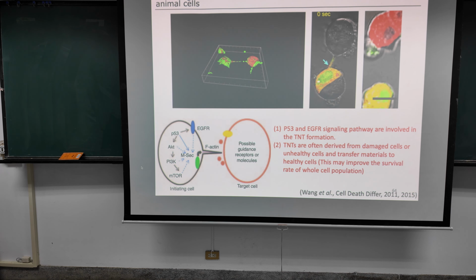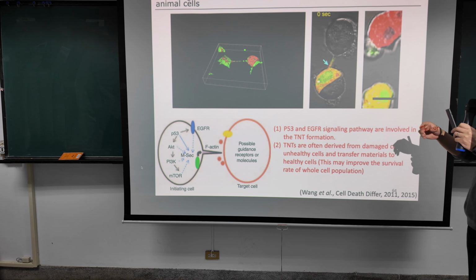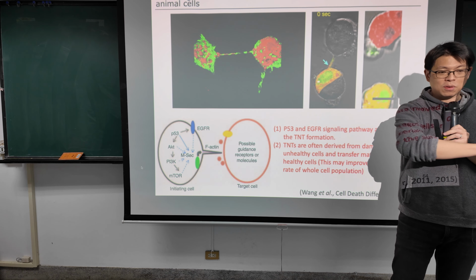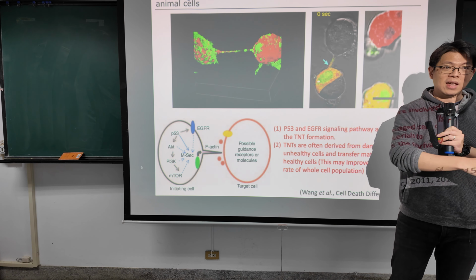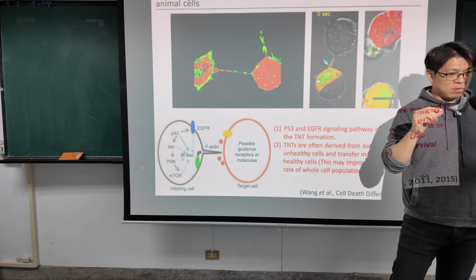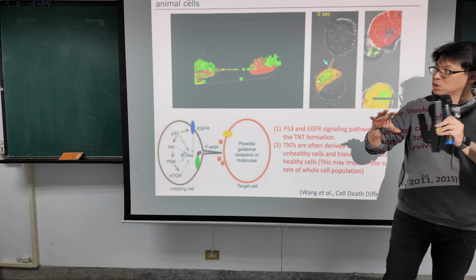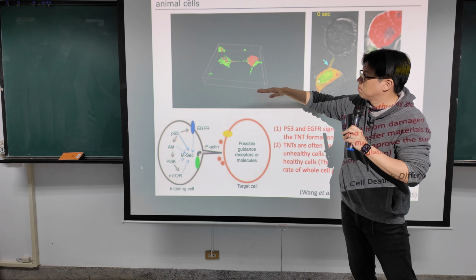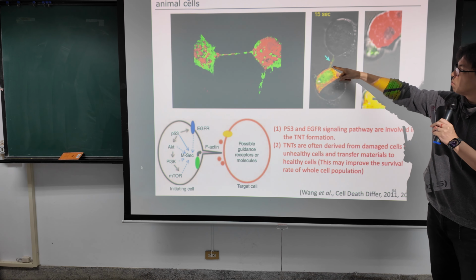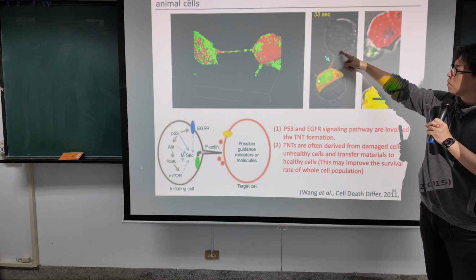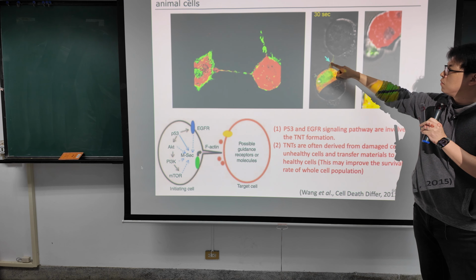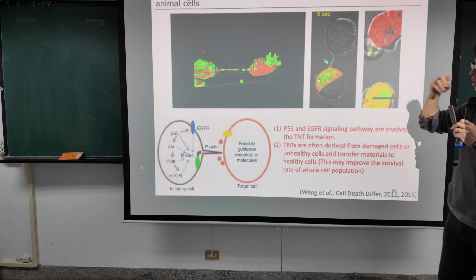If you see here, those are tunneling nanotubes. They are not right on the bottom. They are actually like a skywalk. So you can imagine they have a strong force between the two cells, and they can deliver a lot of things from this cell to the other cell. Researchers label stuff here and see it delivered from here to the other cell.